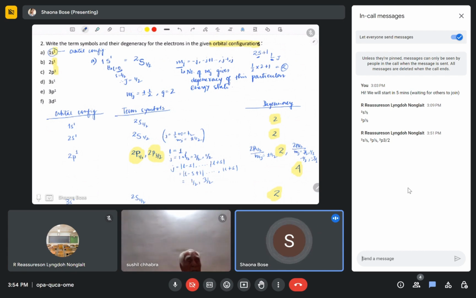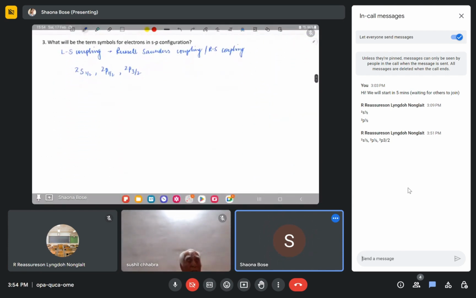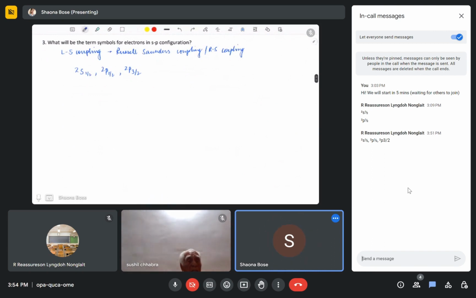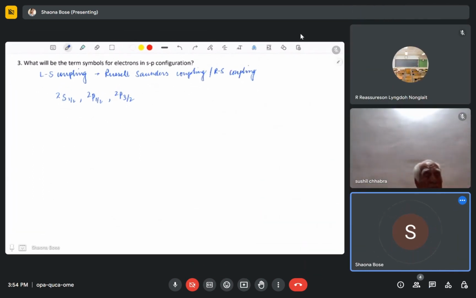So we just had one value of spin here. But in this problem, you can see, this is not a very straightforward question. That's why I chose this question, because it helps you understand the difference.